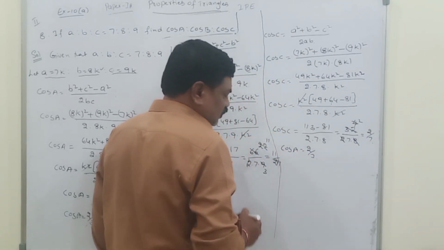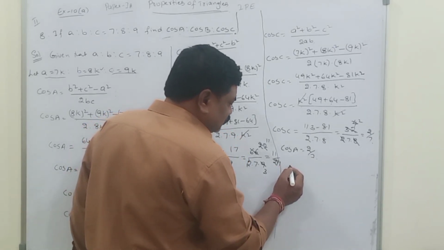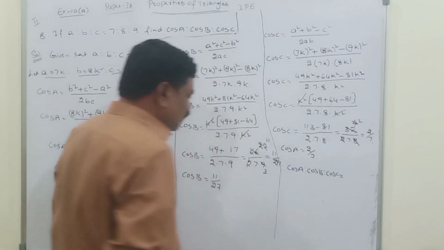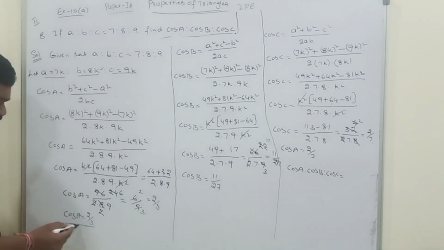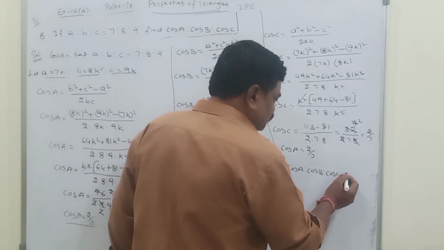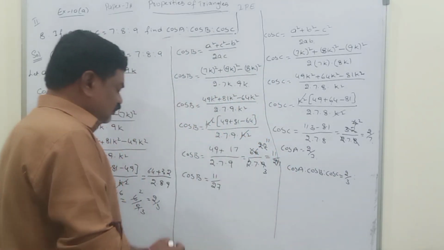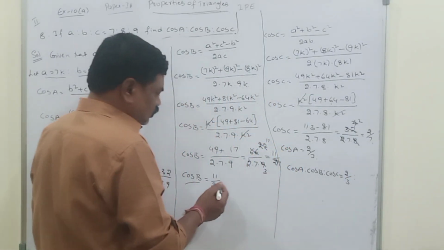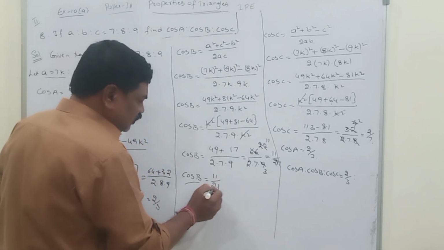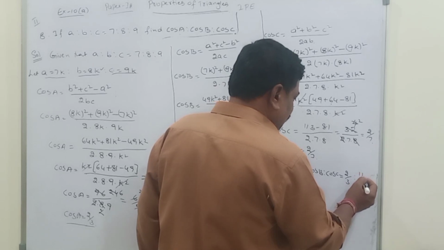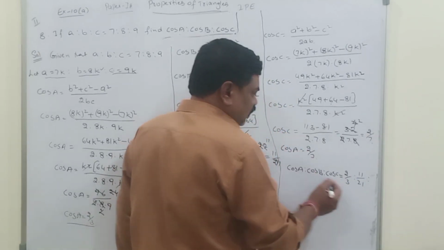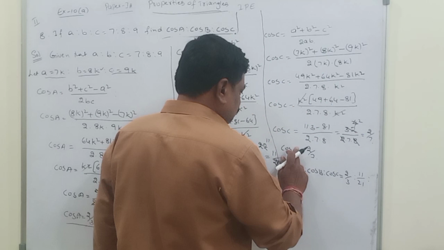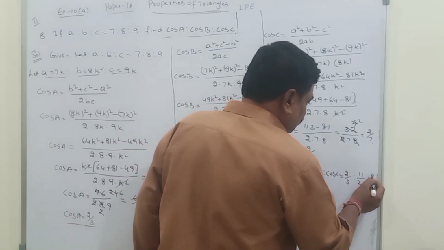Then you have to find cos A is to cos B is to cos C. Cos A we get is 2 by 3, so this is 2 by 3 is to cos B, which is 11 by 21, is to cos C, which is 2 by 7.